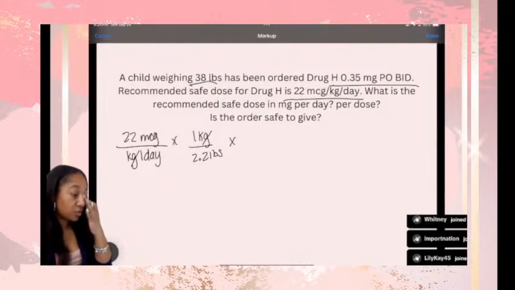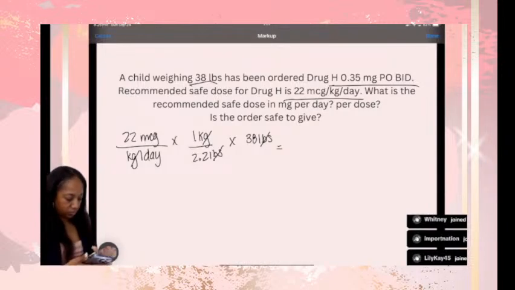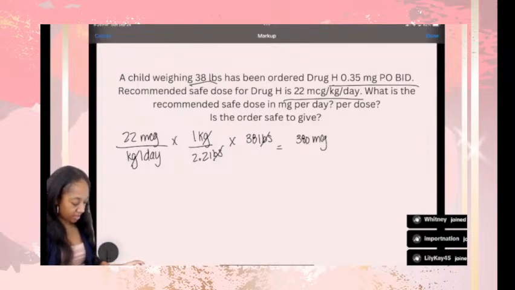Now we can put our patient's weight, which is in pounds. 38 pounds, cross out, okay? And now you're left with micrograms per day. So 22 times 38 divided by 2.2. So that's going to be 380 micrograms per day.